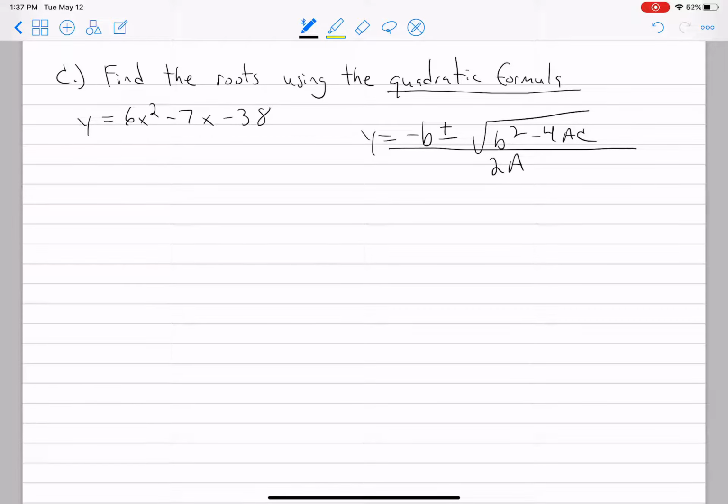In this situation, I know a equals 6, b equals -7, c equals -38. Ooh, this is super ugly. Well, let's see how it works out.